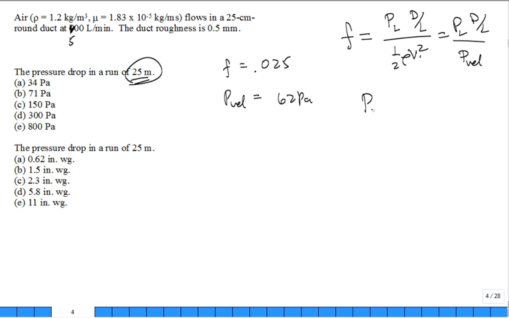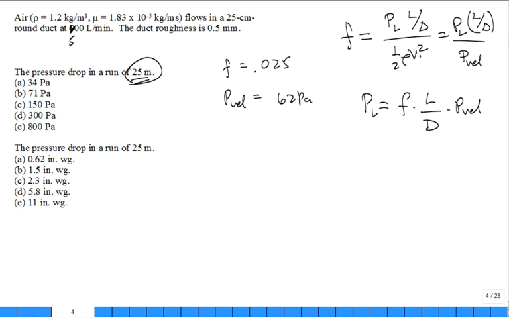So the pressure loss is equal to the friction factor, length over diameter. Did I mess that up? This is length over diameter. Friction factor, length over diameter, times the velocity pressure. There you go.